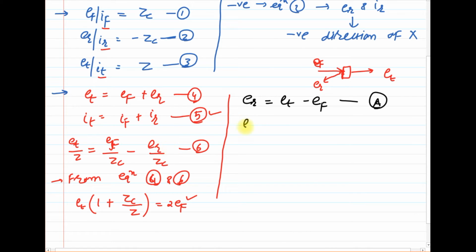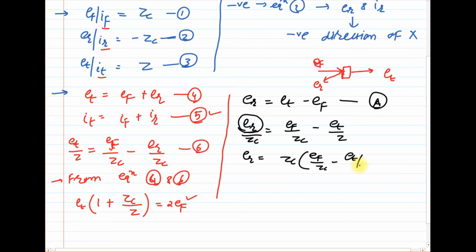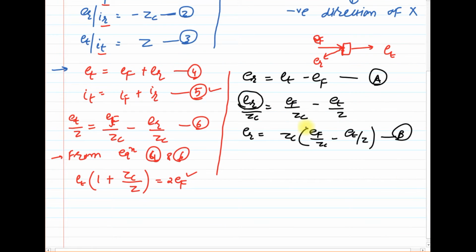From equation number 6, we get ER by ZC is equal to EF by ZC minus ET by Z. So we will get ER is equal to ZC into bracket EF by ZC minus ET by Z. Equation number B. Now compare both equations A and B.